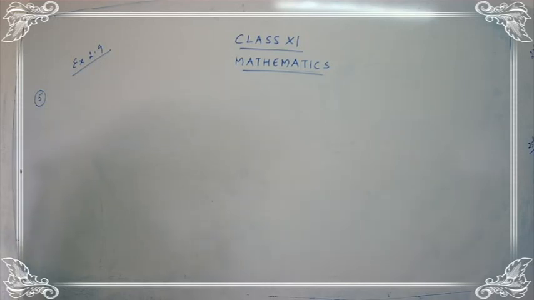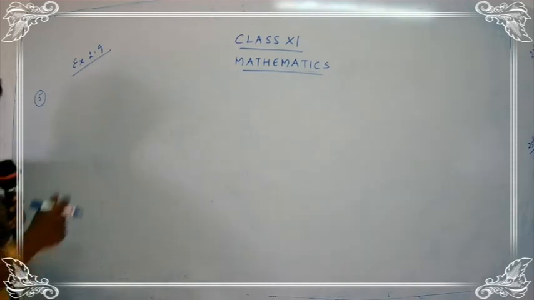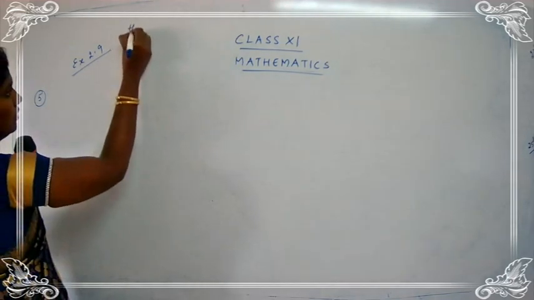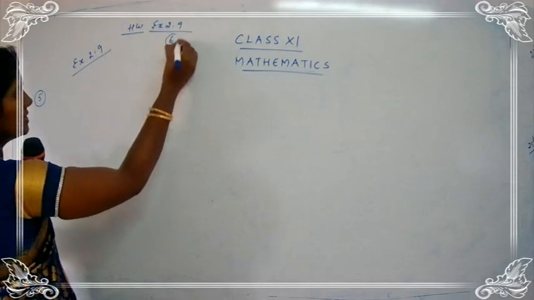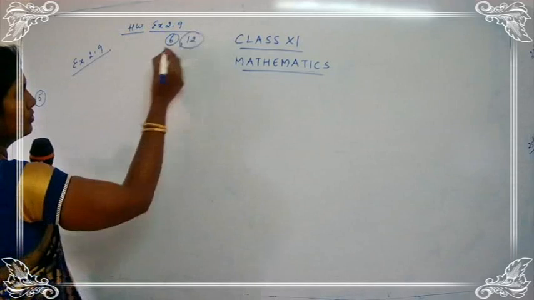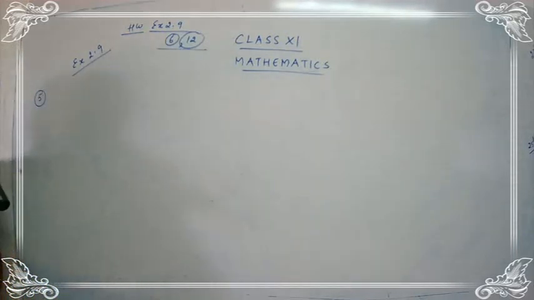I'm just giving you one sum for homework. Yes, one more sum I found. Okay, your homework is sum number 6 and sum number 12. Homework exercise 2.9, sum number 6, sum number 12. So you are going to complete these 2 sums as your homework, 6 and 12.